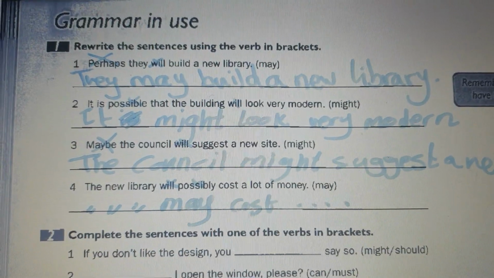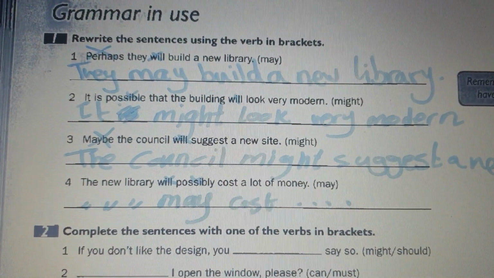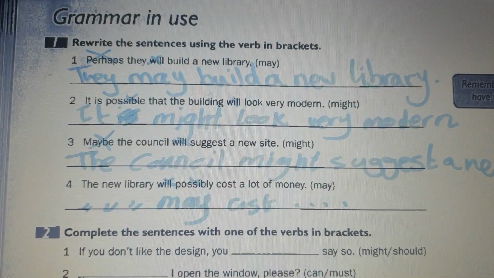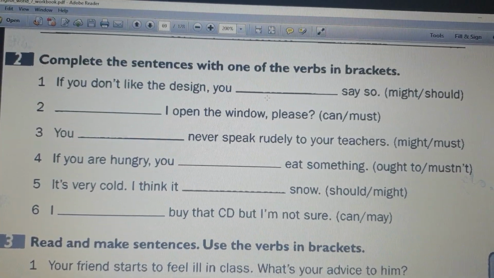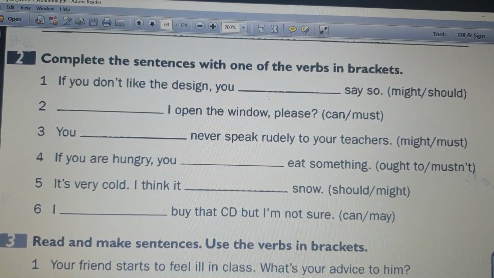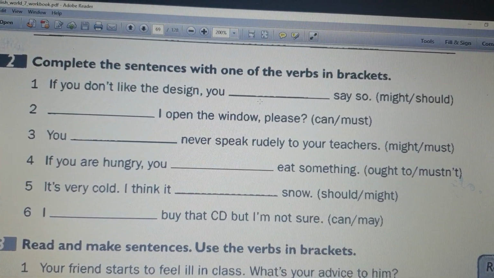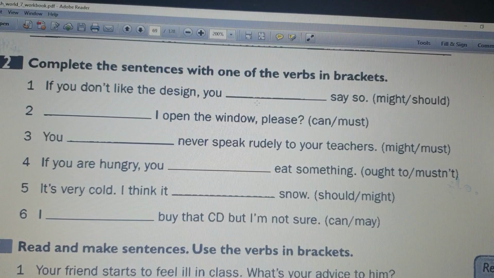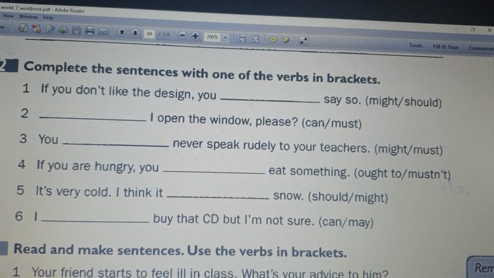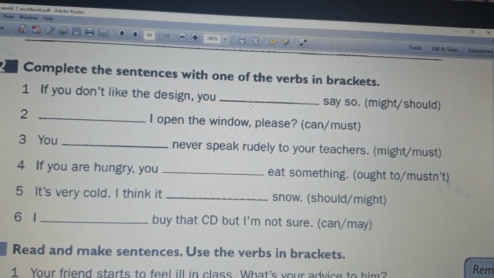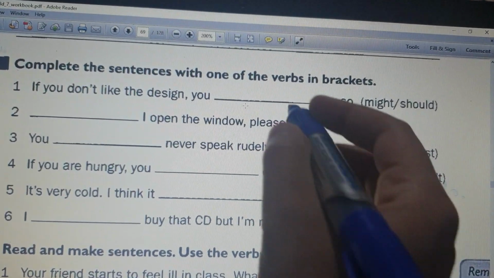Okay, now let's move to activity number 2. Activity number 2, complete the sentences with one of the verbs in brackets. It's similar to the one that we have done in the booklet. Number 1, if you don't like the design, you say so. You might or you should. You should.